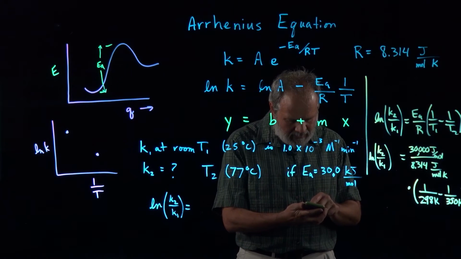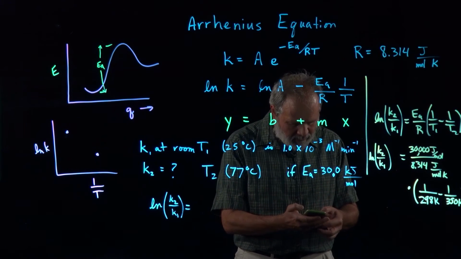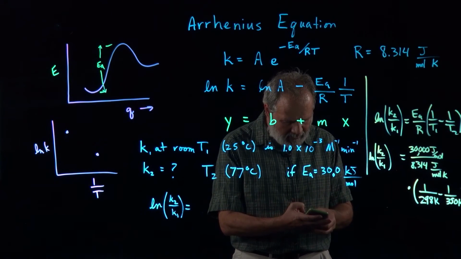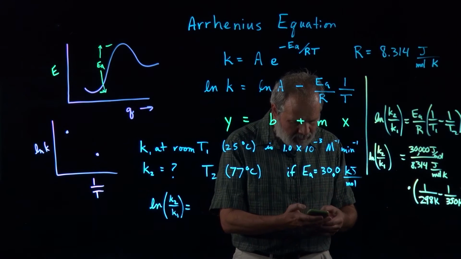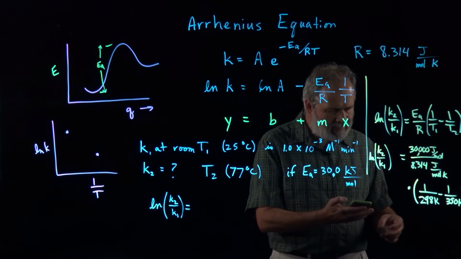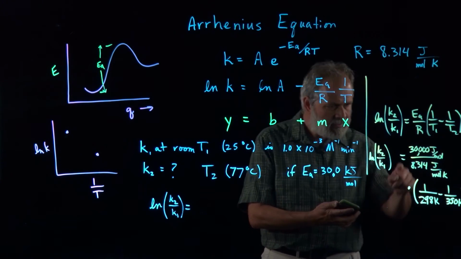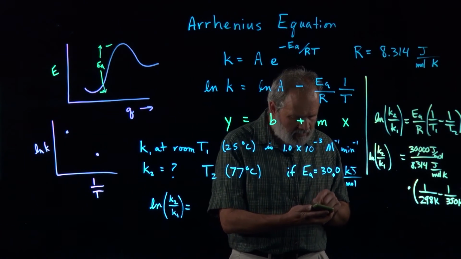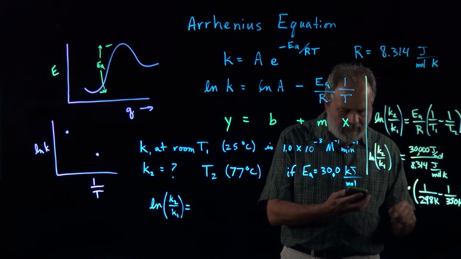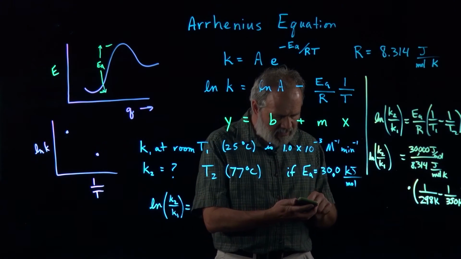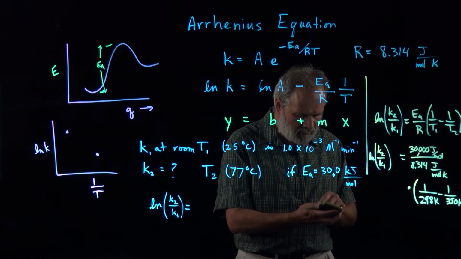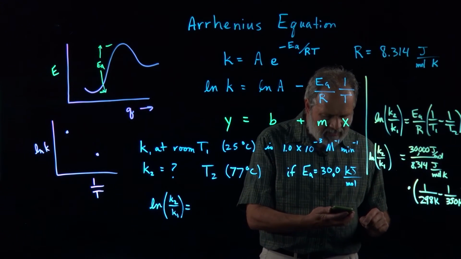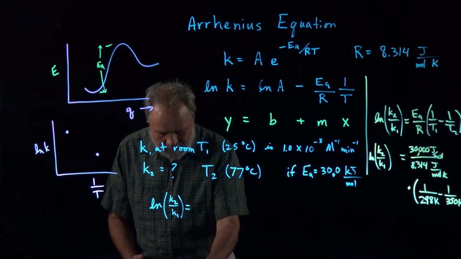So 298 reciprocal minus 350 reciprocal. That's 5 times 10 to the minus 4 times 30,000. And that's about 15 divided by 8.314. And so 1.8.